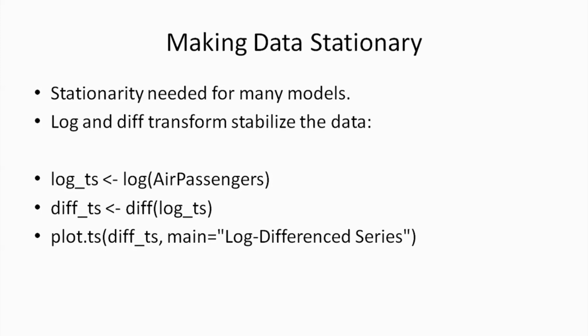For that, we are going to use the same air passengers data set and transform that data set into logarithmic form, and check what difference we find between the logarithmic values and the normal values in time series data analysis.